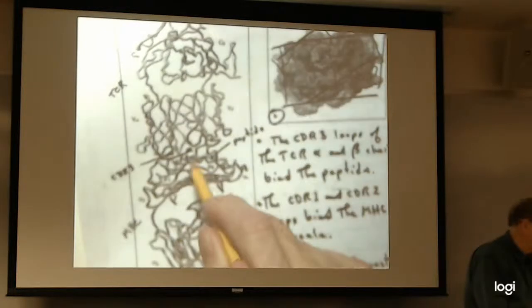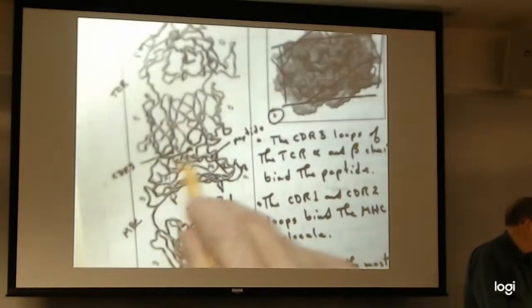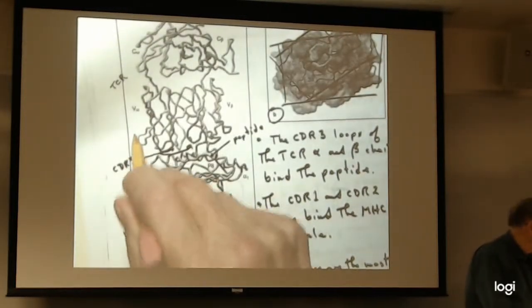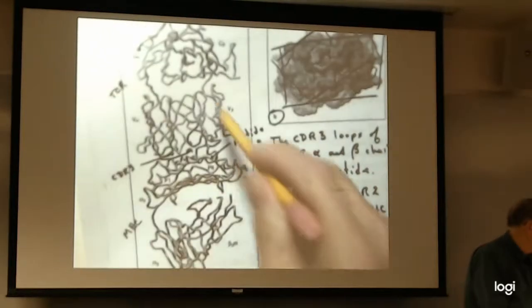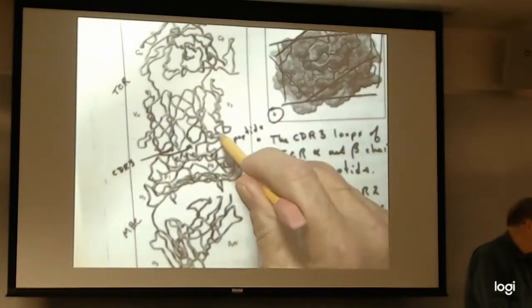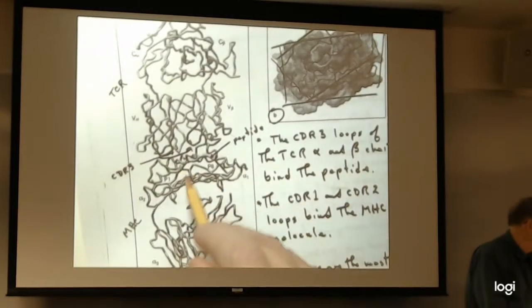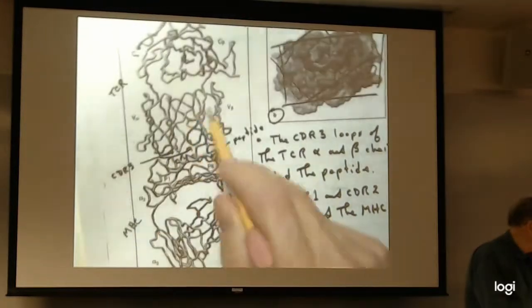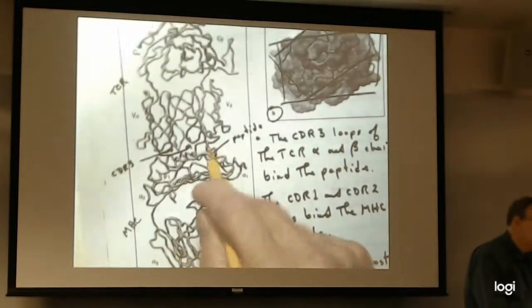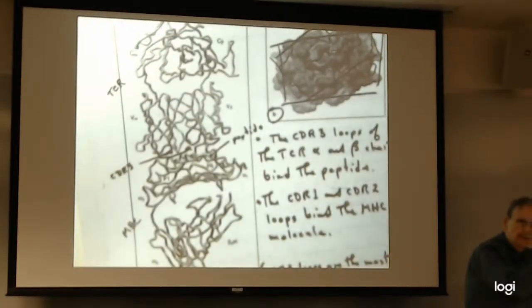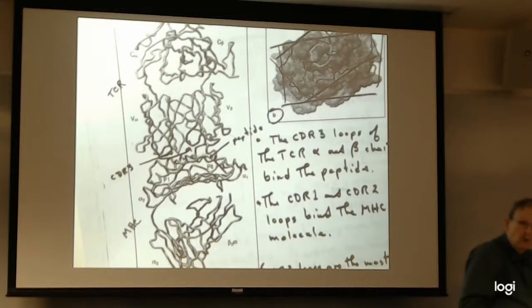Those loops bind the peptide. The CDR1 and 2 loops of alpha bind MHC, and the CDR1 and 2 loops of the beta chain bind the MHC1. So it's just these 2 loops, one from the alpha chain, one from the beta chain, the CDR3 loops. They are the only ones that are going to give you the specificity of binding that foreign peptide.